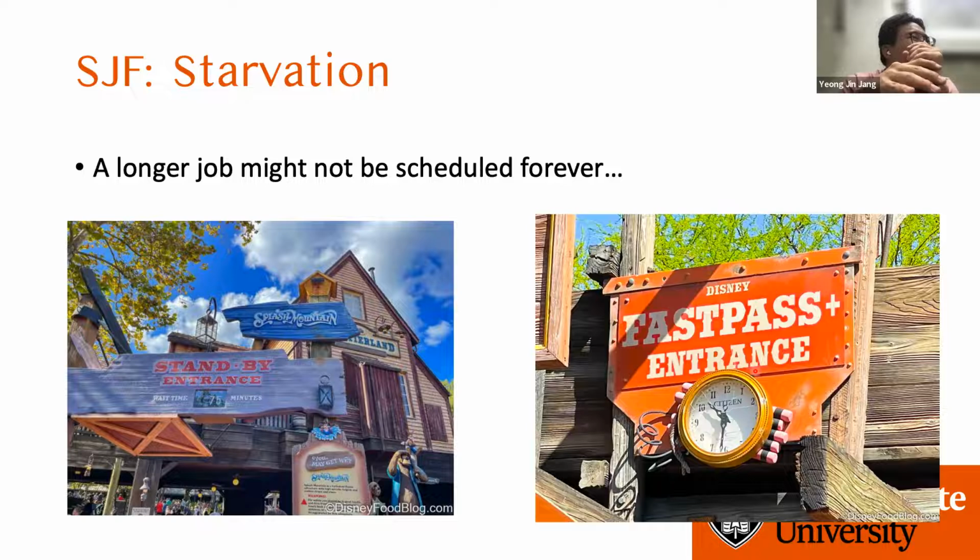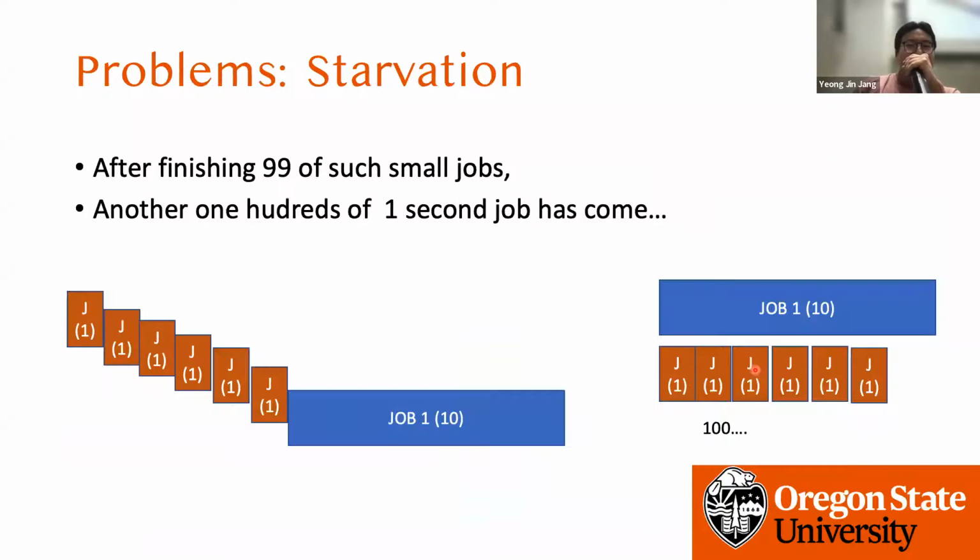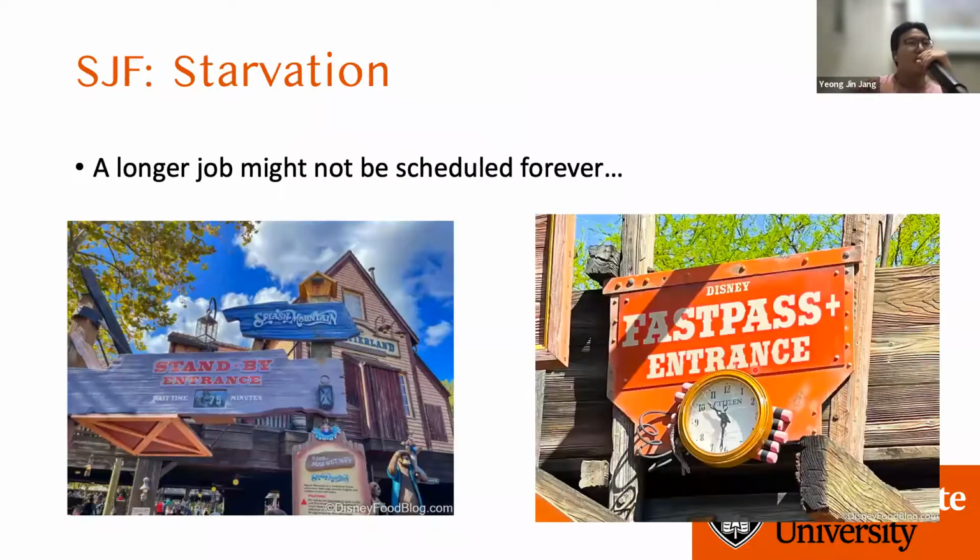That could happen in a shortest job first kind of scheduler. And that can always happen if we set a certain priority for the scheduling. In shortest job first, we set the priority as the job length, so the shorter one has a higher priority.